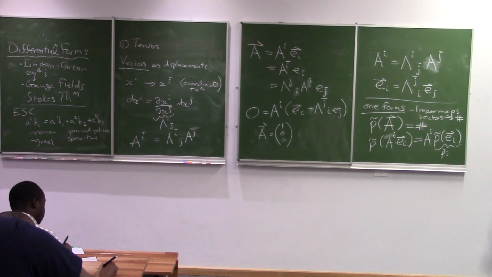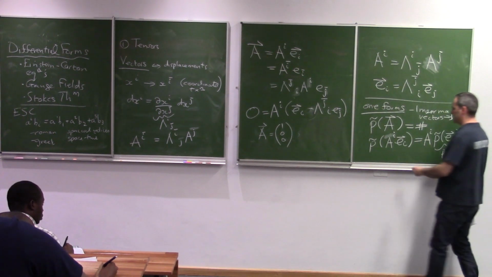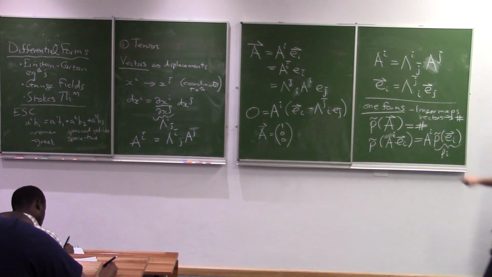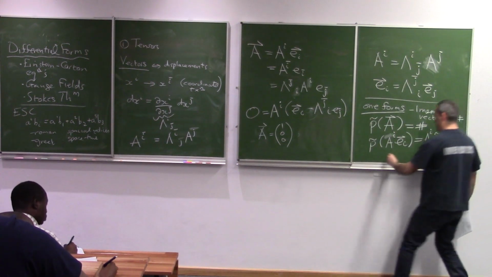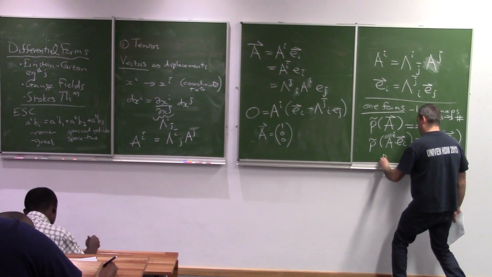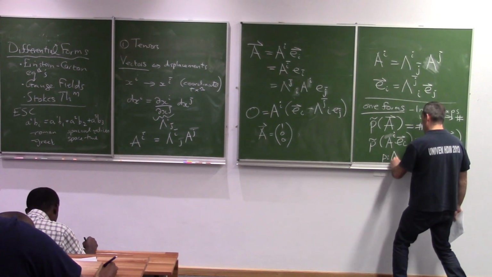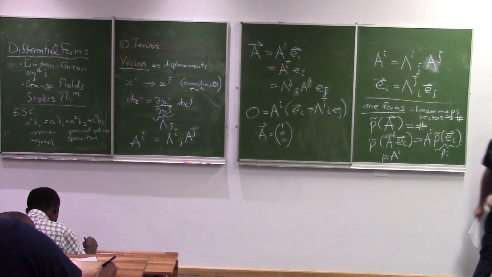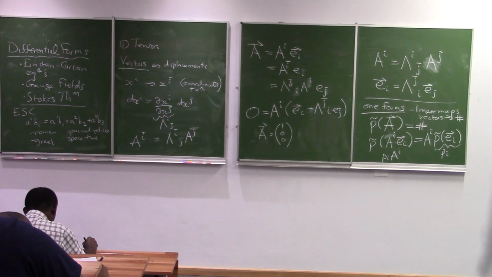And that gives you the normal expression, although I introduced this using more modern language. That just gives P acting on A, which is basically the dot product between the one form P and the vector A, summing over the components.